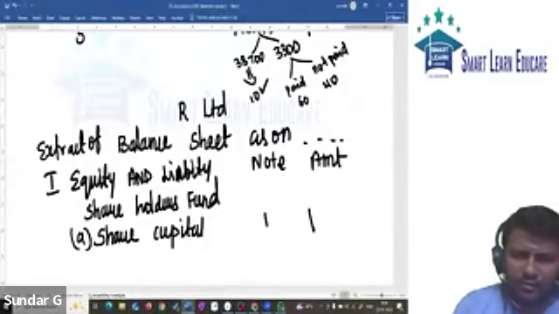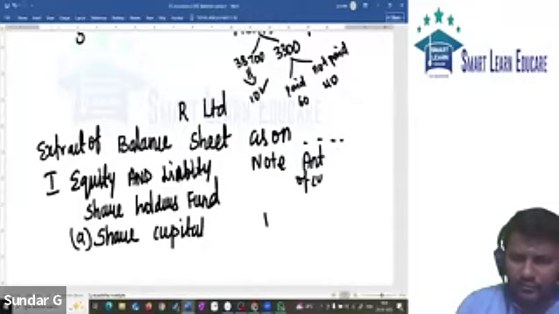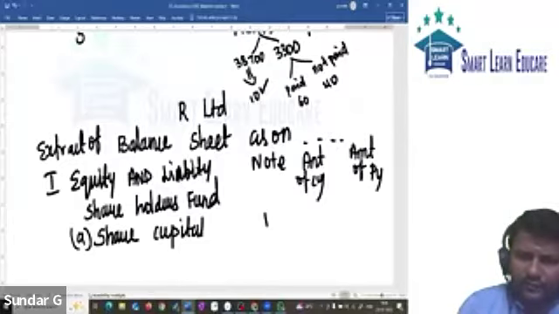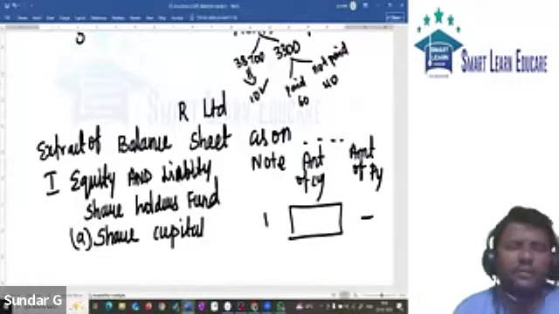Even in this we have two classifications of amount: amount of current year and amount of previous year. Previous year information is not needed, only current year information we are going to write.